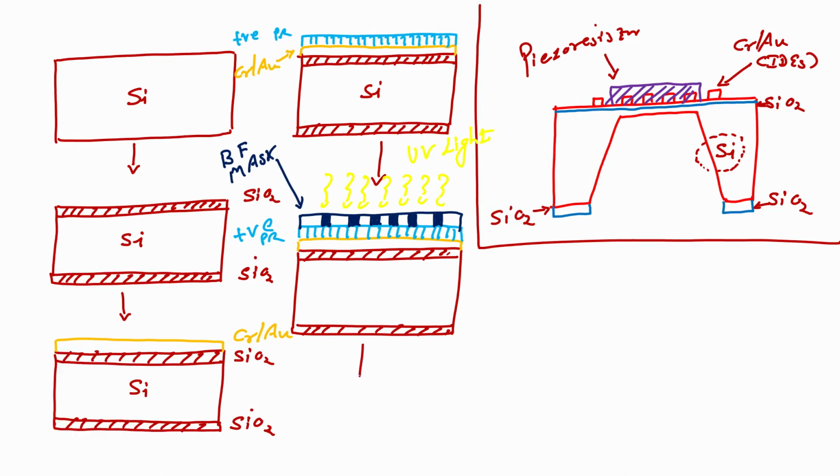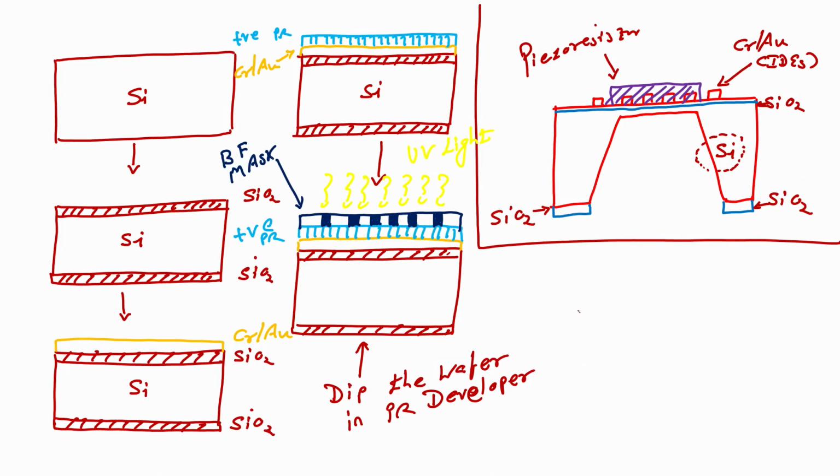Next step is to dip this wafer in photoresist developer. In other terms, I said stripper, but it is not called stripper. Let us use the correct term. Stripper is when photoresist will be stripped off. We are using photoresist developer.